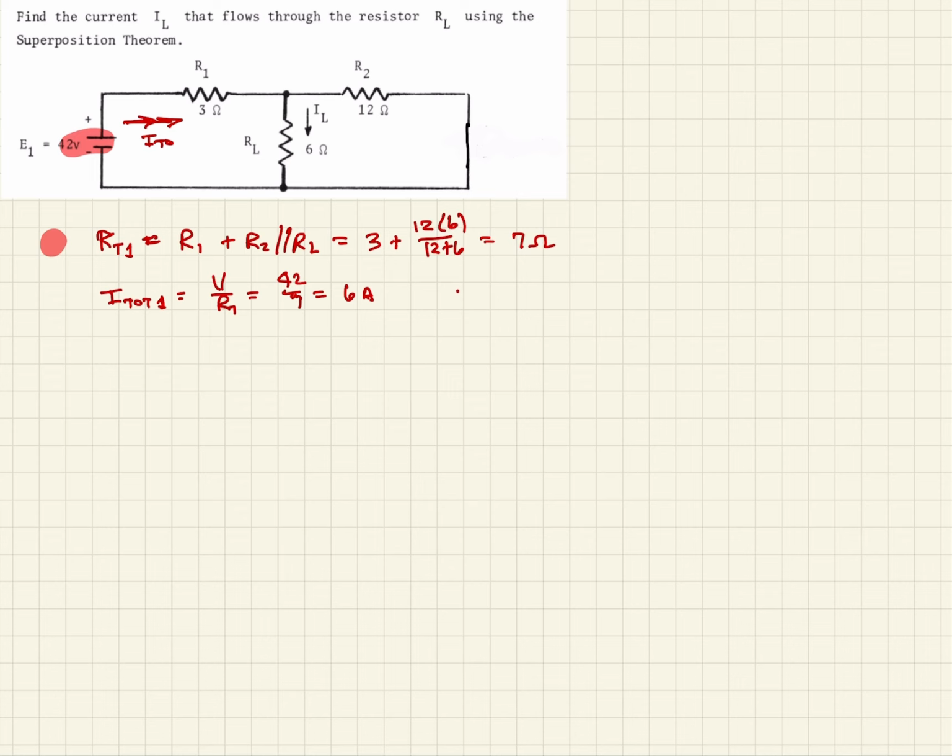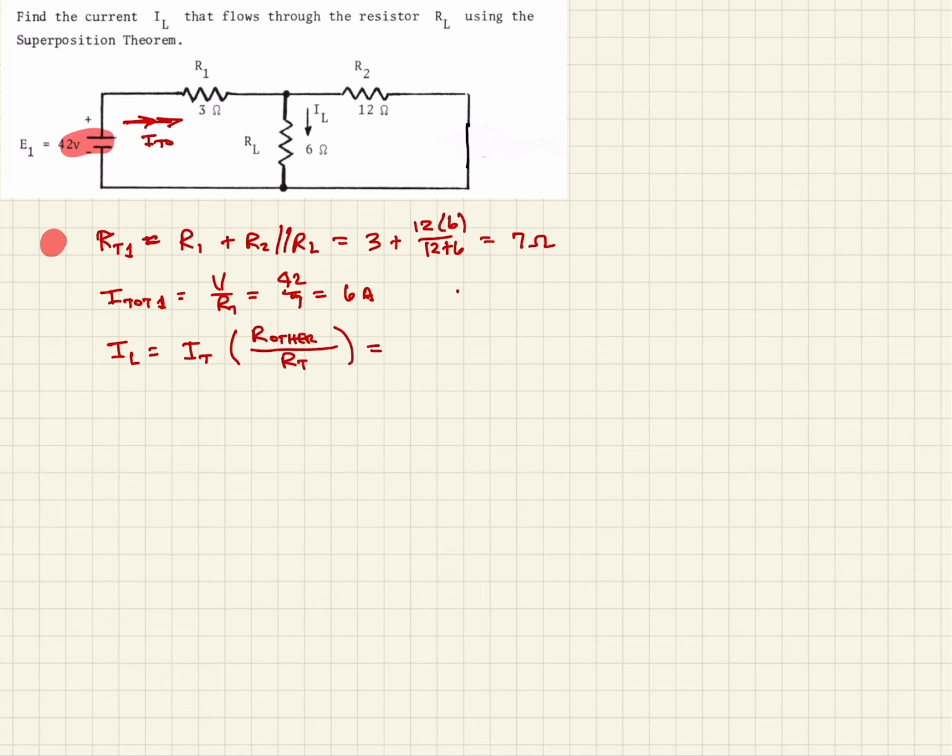And so then we see that IL would just be the current division, it's a current divider. And so when we do that, IL is going to equal I total times the resistance through what we call the other leg, not our leg of interest, over R total.